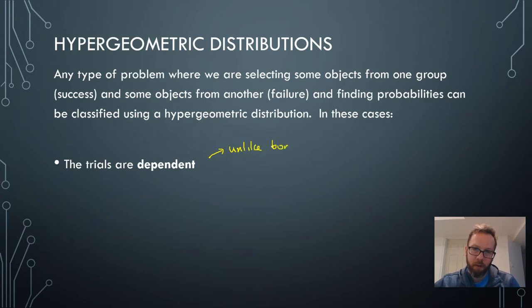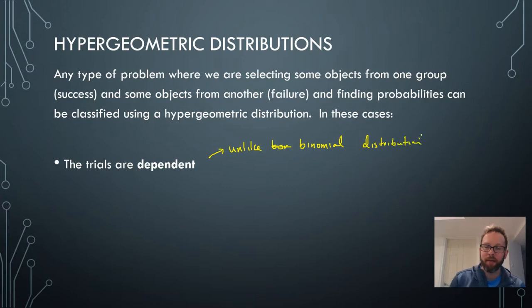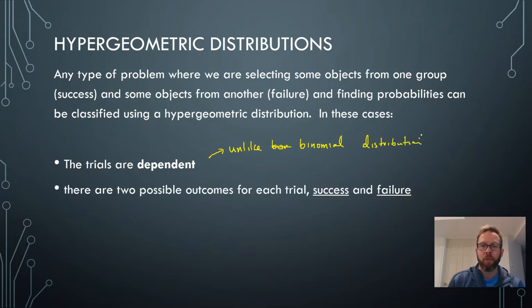Whoops, binomial is not spelled with an O, at least not there. So unlike the binomial distribution, trials are dependent. There are 2 possible outcomes for each trial, success and failure. That is similar to the binomial distribution.